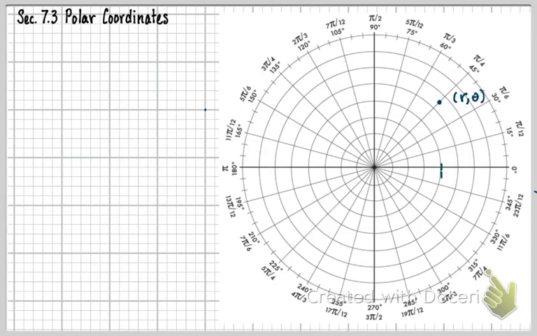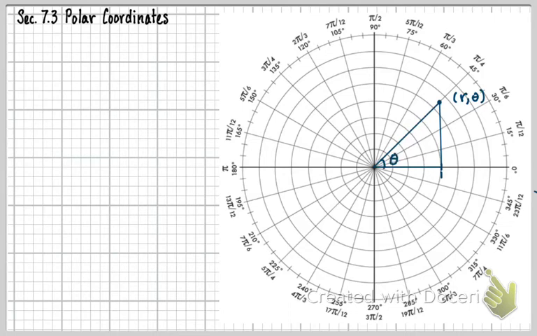What I'm going to do from here is create a triangle coming from the pole out to that point and down to the x-axis. That results in this triangle here. We can say that this angle here is angle theta.